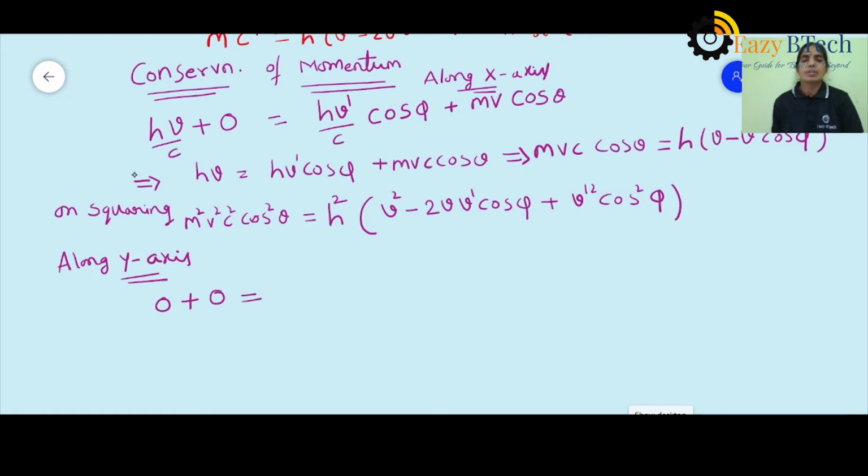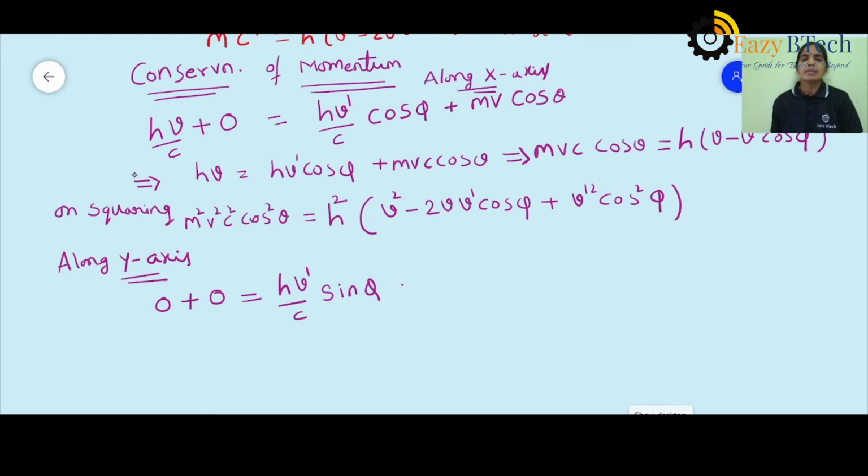So going to the after-collision situation, the momentum of my photon is expressed as h mu prime by c. Since it is the vertical direction, I am going to write it as sin phi.